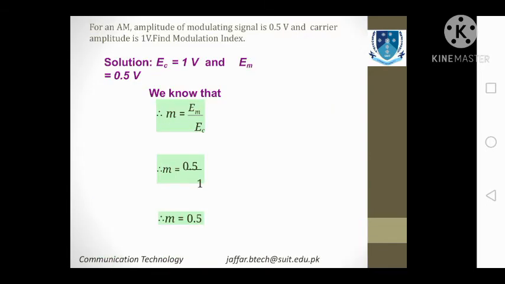This m is the modulation index, or you can call it mu, and it is equal to the amplitude of the modulating signal divided by the amplitude of the carrier signal. So Em divided by Ec, where Em is the modulating signal amplitude and Ec is the amplitude of the carrier signal. If you divide Em, that is 0.5, by Ec, you get 0.5. So the modulation index, or mu, turns out to be 0.5.